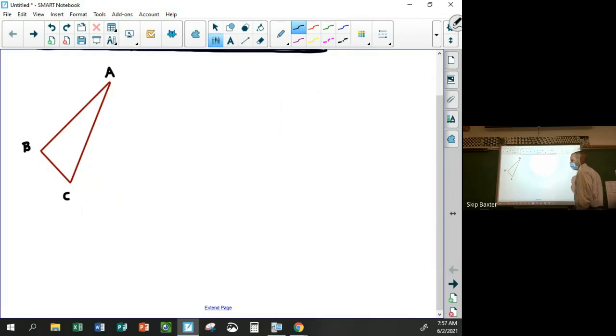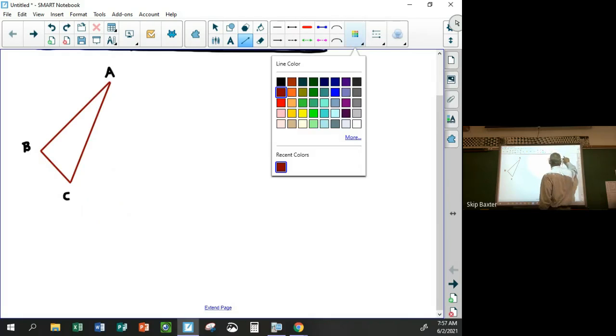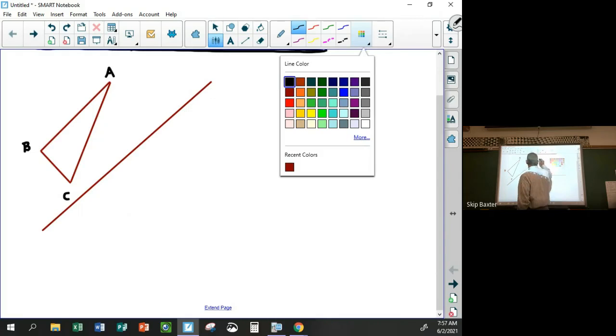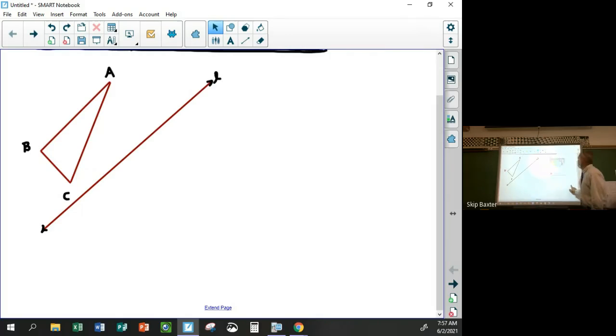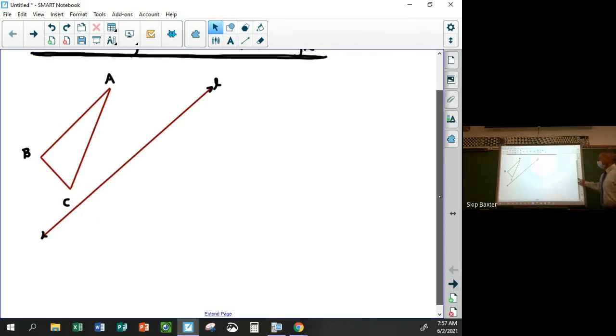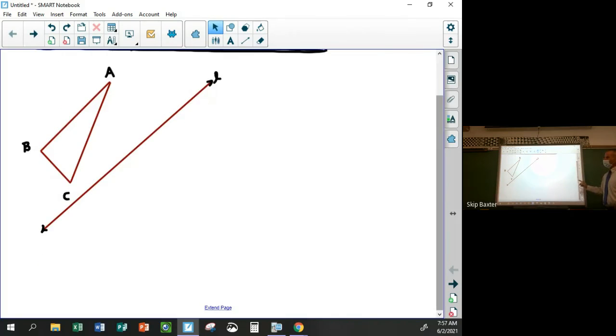Again, I don't want to make it almost vertical or horizontal, so I'll draw it diagonal like that, and let's call this line L. The instructions would be to construct the image of triangle ABC after a reflection over line L.